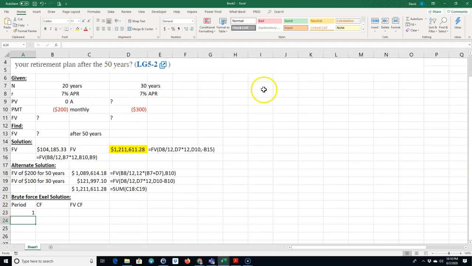And 50 years, we know equals 20 times 12. So it's 240 months for the first 20 years. And then the 30 years is going to be 360 months. I'm not going to do the math. So we're going to have a total of 600 months.